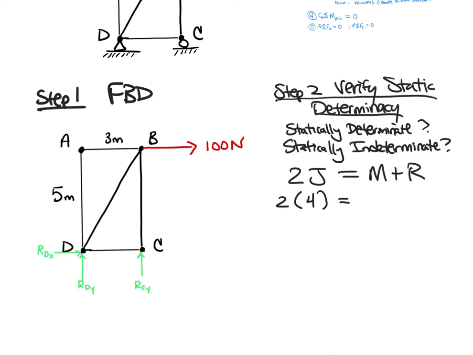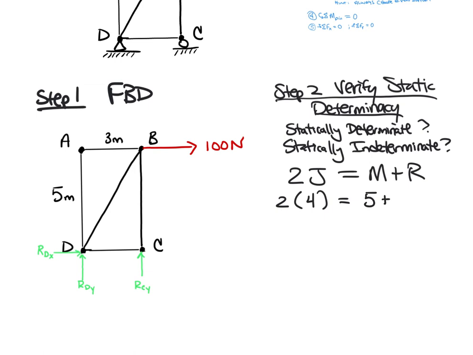And M represents number of what? Members. So how many members do I have? I said it earlier. 5. Member AB, BC, CD, AD, and DB. So a total of 5 members, so we replace M with 5.